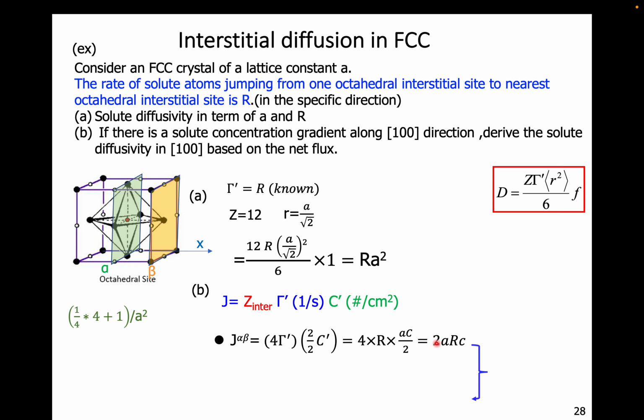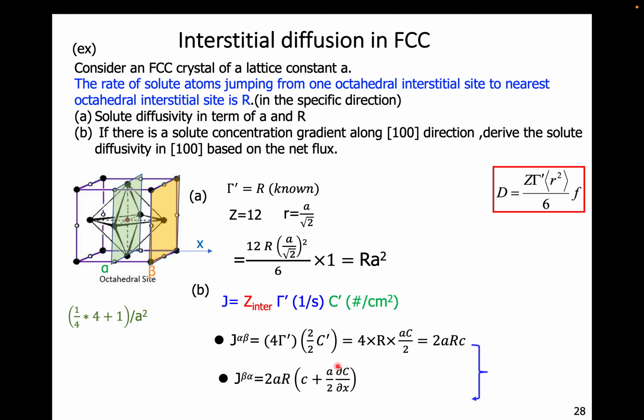So putting everything back, I got the 4R and C prime. Also the same idea: you pick up the small cube to convert this area density into volume density. So I got AC divided by 2, so we got to ARC. And for concentration here, you use the trick we just showed you.